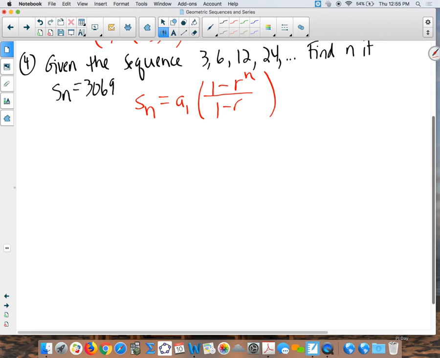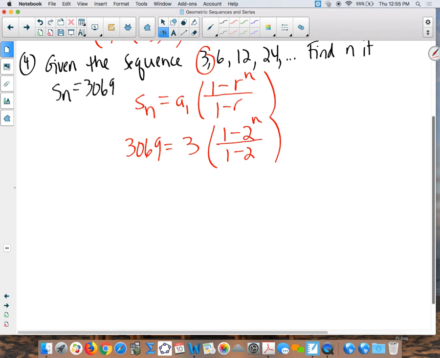Let's see, what do we need here? We have the sum, so we can fill that in right away. We have a sub 1. We even have r, right? Our r is going to be 2. So 1 minus 2, what we don't have is n. So 2 to the n over 1 minus 2.